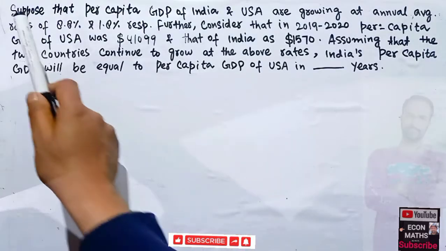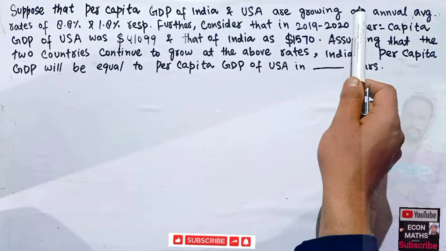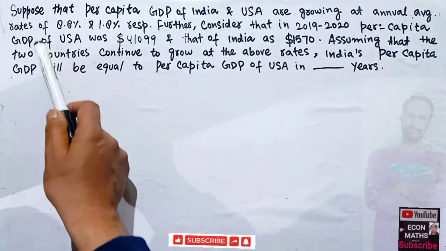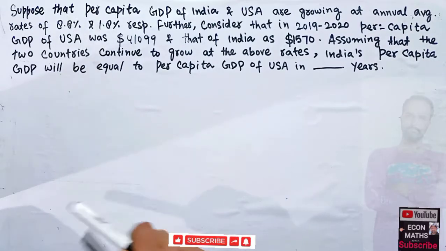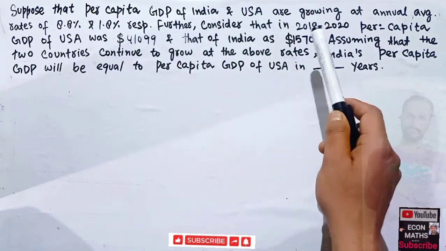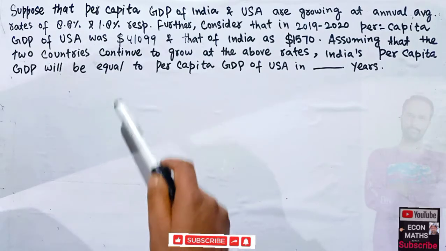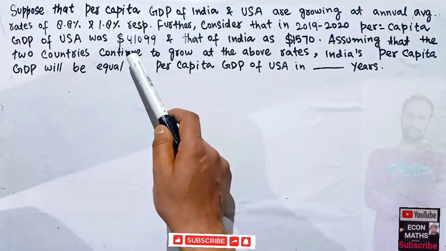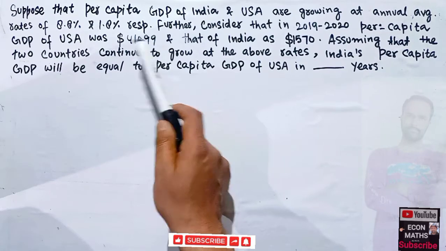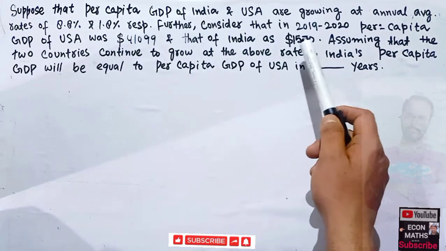Next question is, suppose that per capita GDP of India and USA are growing at annual average rates of 8.8% and 1.8% respectively. Further, consider that in 2019-20 per capita GDP of USA was $41,099 and that of India was $1,570.